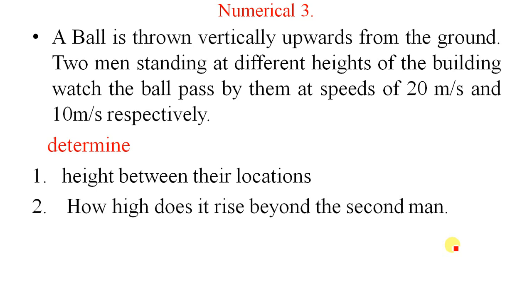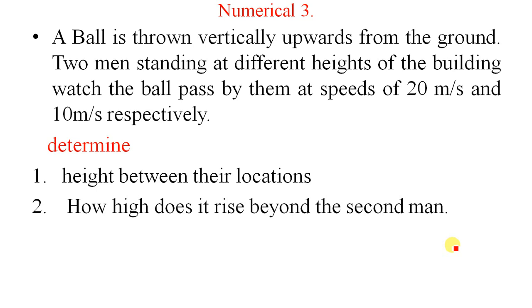So after reading this problem, you have to understand what is given and what is asked to find out. Here, when the ball is thrown in vertically upward direction, there are two persons who are standing in balconies and they are observing the ball.